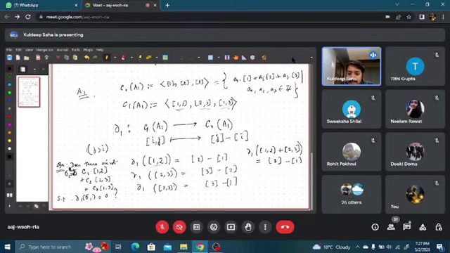And note there is another 3 minus 1. So if I subtract (1, 3) from this, I will get 0. So (1, 2) plus (2, 3) minus (1, 3) gives me 0.